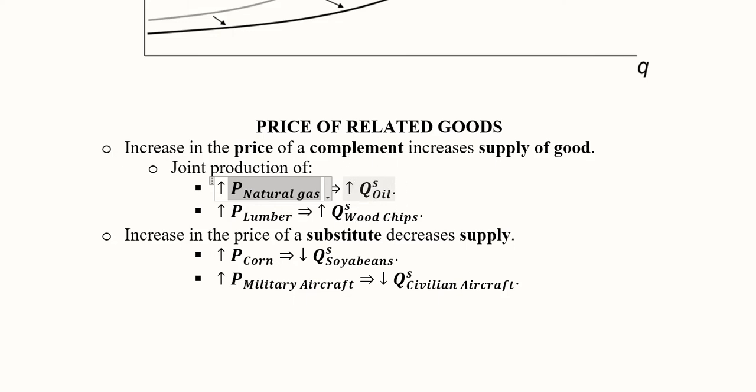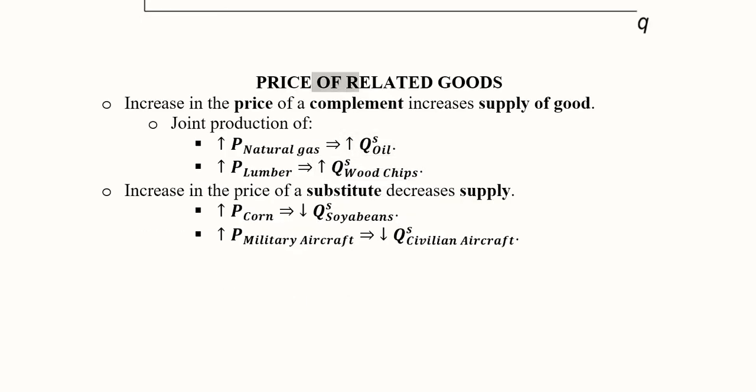So this is how the supply will be affected. Another situation will be when the price of lumber increases, it is going to increase the supply of lumber. So when that happens, wood chip supply will also increase because they are jointly produced. So this is how the supply side gets affected when it comes to the price of the related goods.